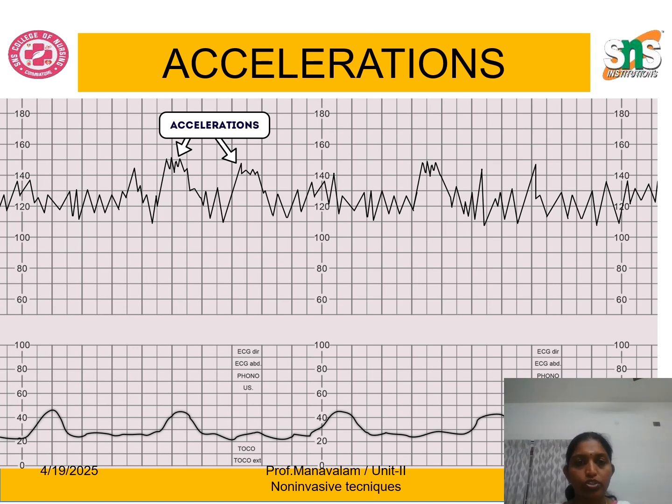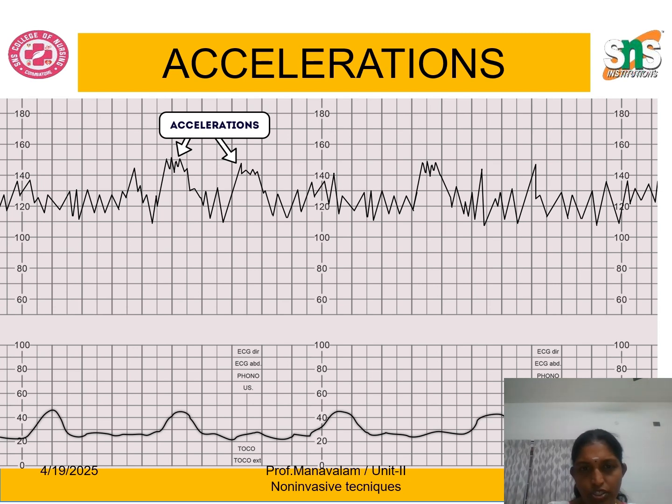In the above box, the graph shows the baseline fetal heart rate starting at 120 to 130 beats per minute, most probably 120 beats per minute. But there is a variation according to the uterine contraction.